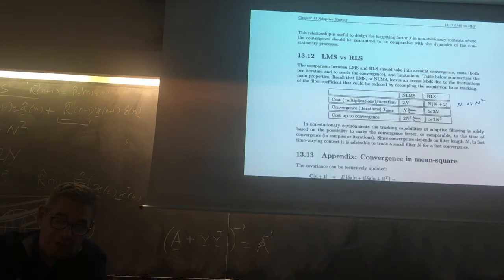So the convergence is n times the ratio between the eigenvalues, so it depends on the random process you are manipulating. In case of RLS, the convergence is approximately 2n iterations, 2n samples. So it's faster, and you will see it's clearly very, very much faster.